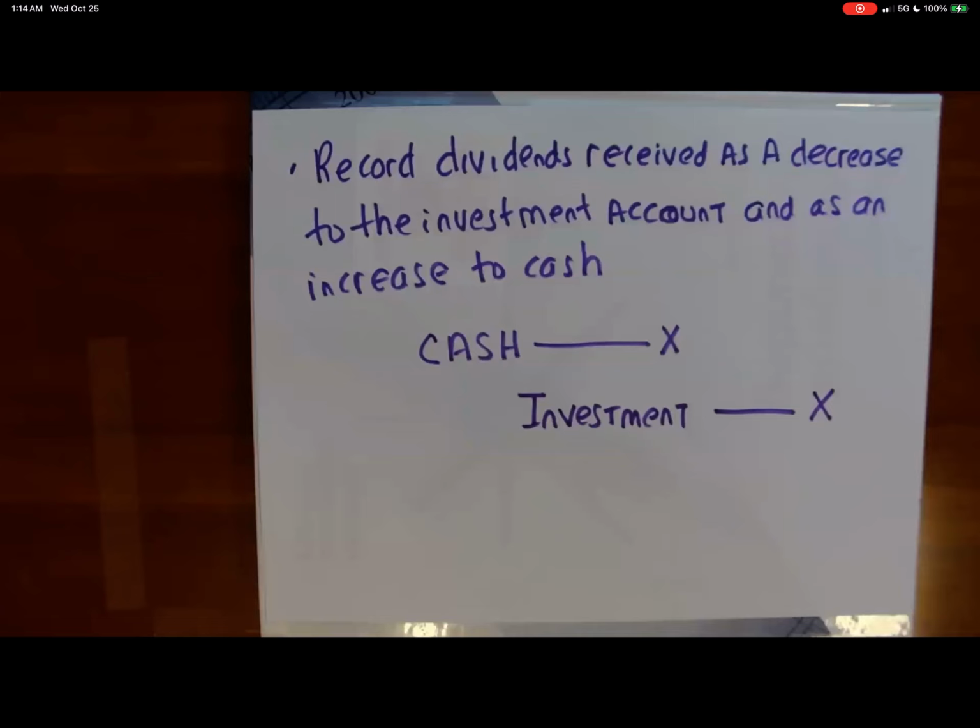That's the accounting that we have to do when we own 20% or more of the other company's outstanding stock. Before we tackle the second problem, are there any questions on what we just talked about?